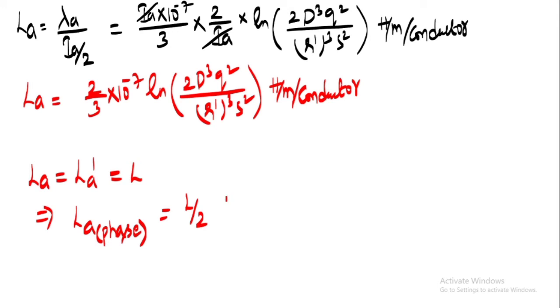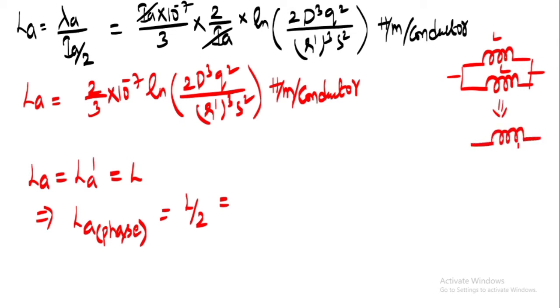Is it right or not? Because when you have two inductors of equal value L connected in parallel, the equivalent inductance is half of any one of the inductances.